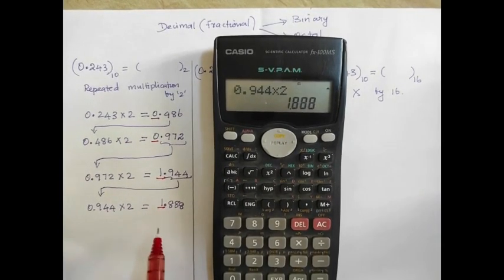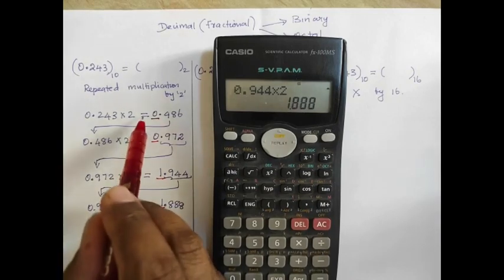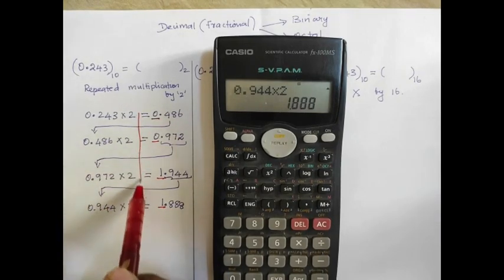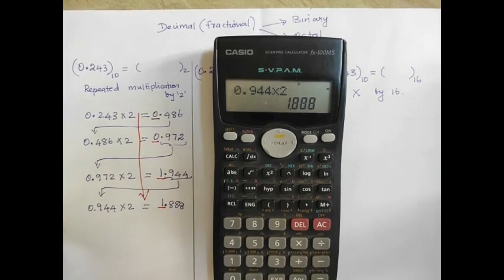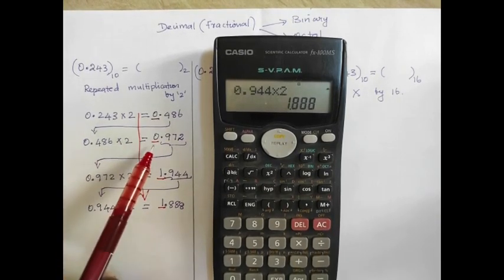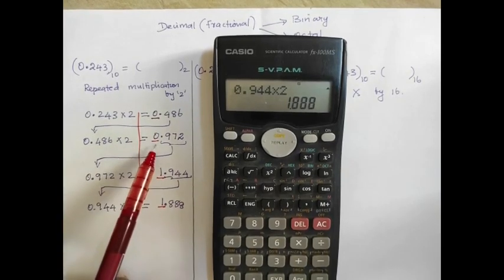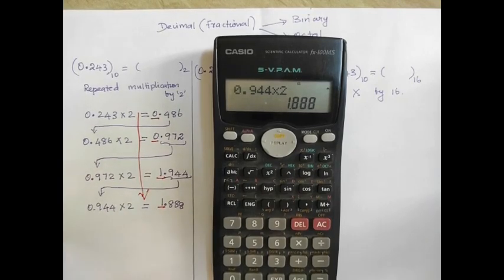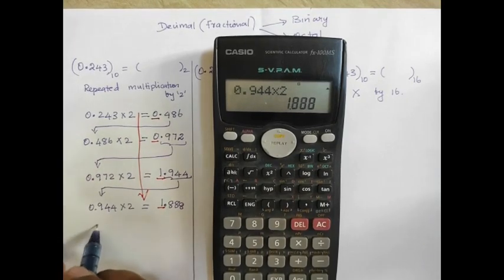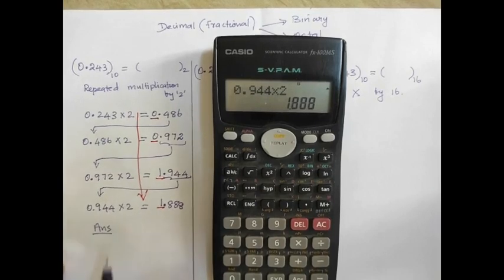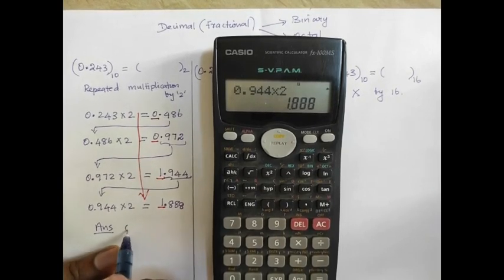Now when writing the answer, you have to write from the top to the bottom, taking only the whole numbers, the value to the left of the point. Here 0, 0, 1, 1. You write the answer from the top as 0 point.